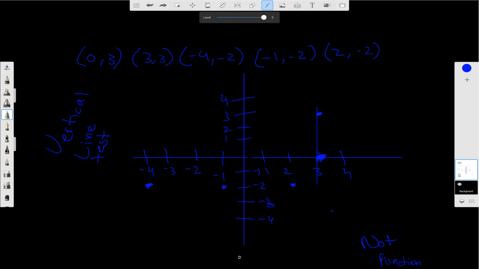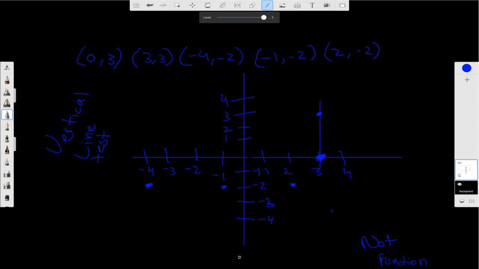And if I make a proper line, just like that, we can see that they're right on top of each other. And this is not correct. That means this is not a function.